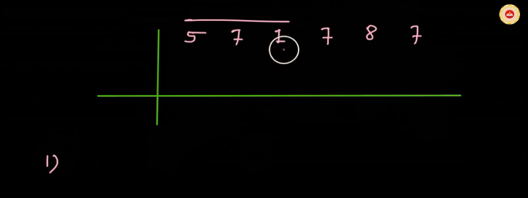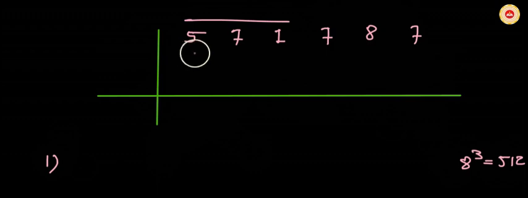Which is that number? 8. Because 8 cubed is 512. 512 is nearest to 571 but less than 571. So let us write 8 here as the first left digit in the cube root, and let us separate 8 from the other digits.